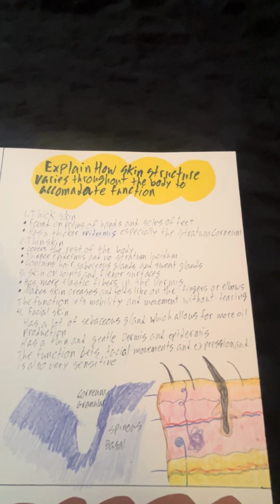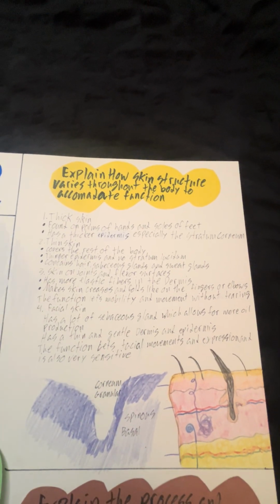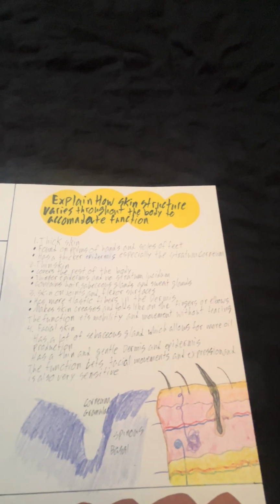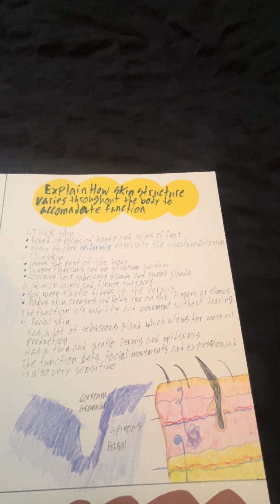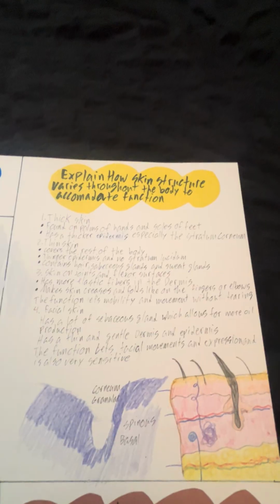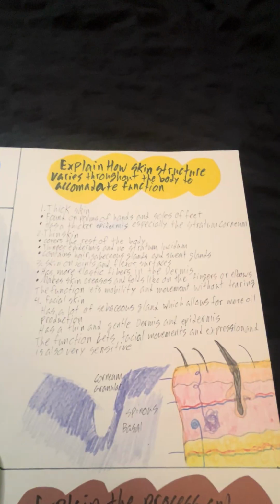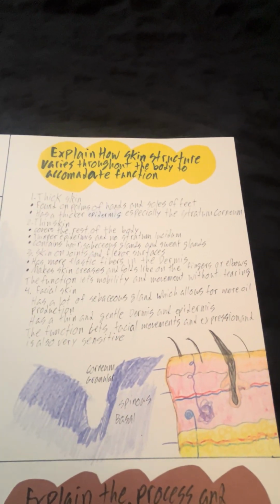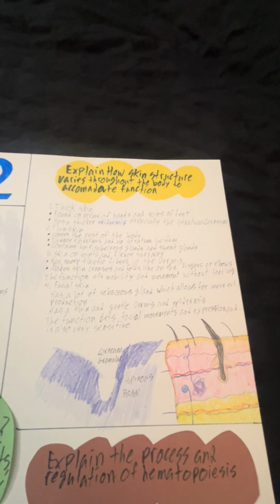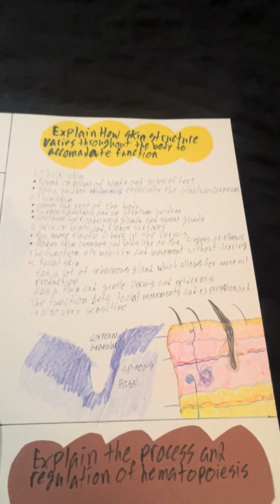This has a thicker epidermis and especially the stratum corneum, which is the highest layer because on your feet and your hands, there's a lot of sensory receptors, and it needs cushion to be able to last long, because your feet are always on the ground and your hands are always touching something. So it is shedding a lot of skin, so it needs more dead cells for it to maintain that cushion.